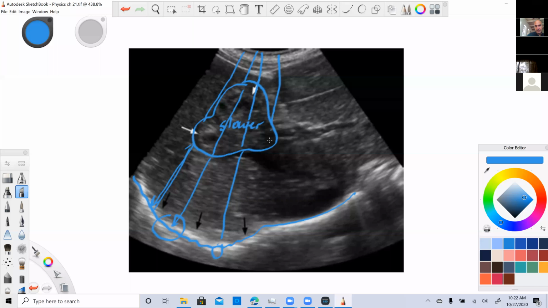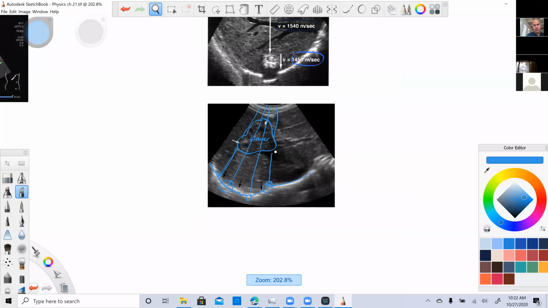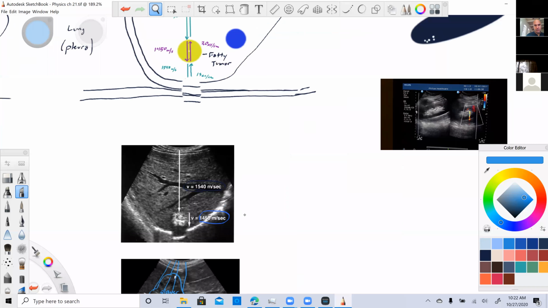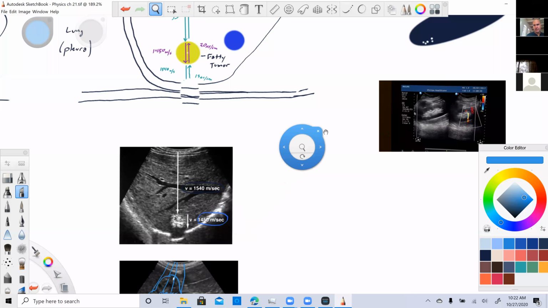This beam line only went through a small amount of the mass, and so there's only a small amount of distortion here. And once again, this is liver. Because of the tumors, that's a hard image to even understand what we're looking at. Okay.